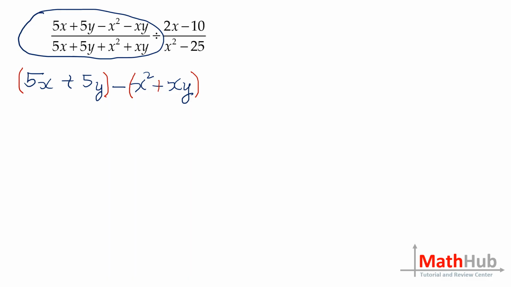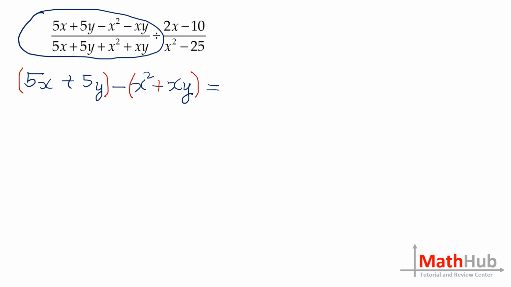Note that if I distribute the minus sign, this will again be 5x plus 5y minus x squared minus xy, which is exactly the original expression. Okay, so let me just erase that. I just wanted to show you that you really have to change the sign after the first term.